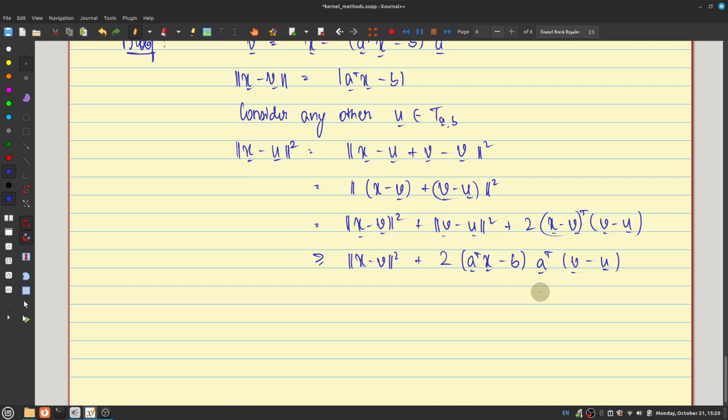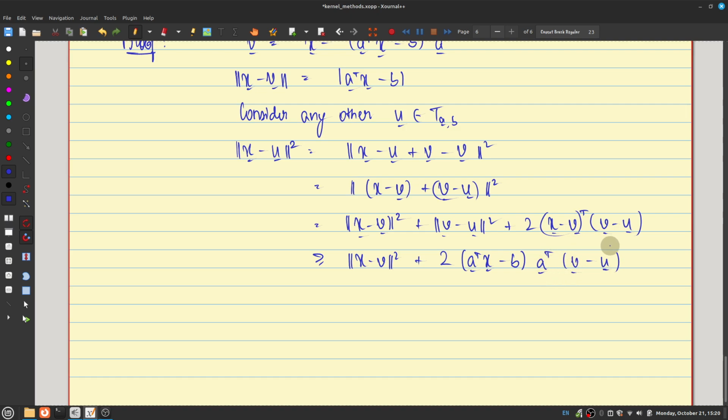Right? What is A transpose V equal to? A transpose V is equal to B because V lies on the hyperplane. What about A transpose U? That is also equal to B because U also lies in the hyperplane.